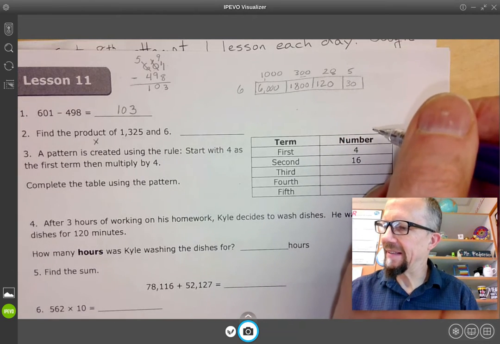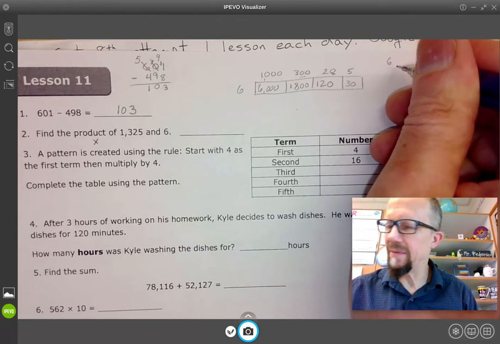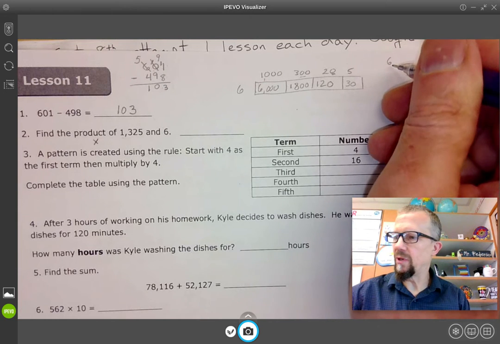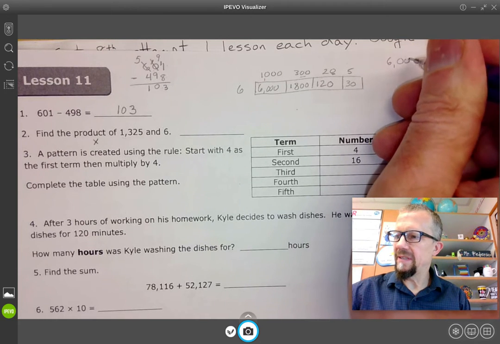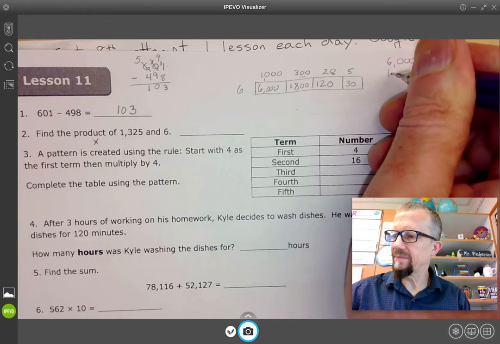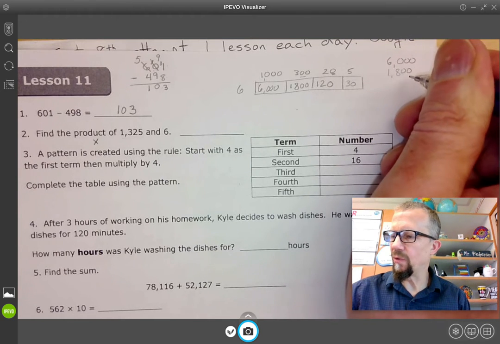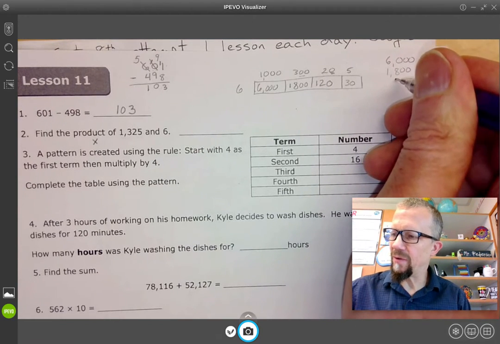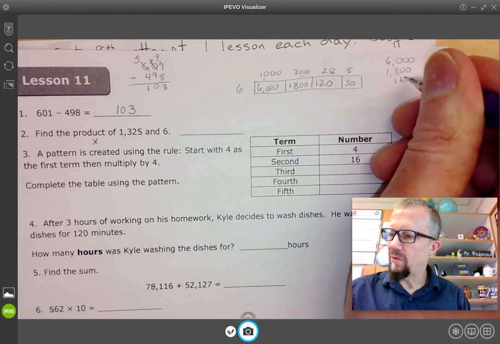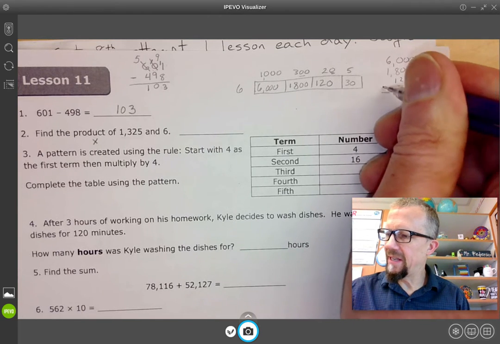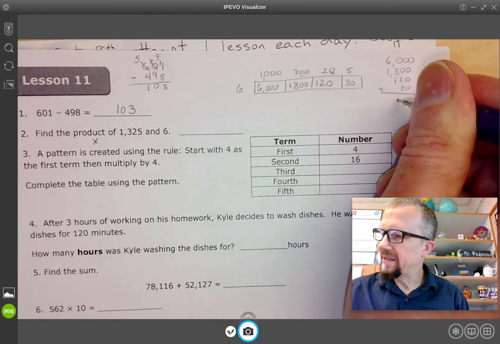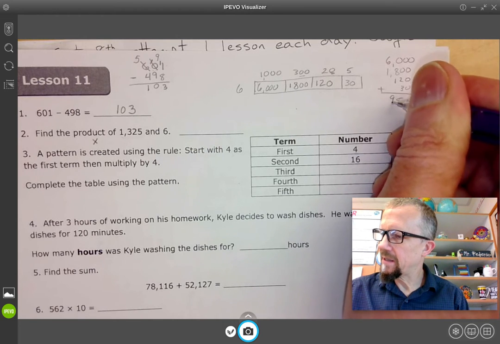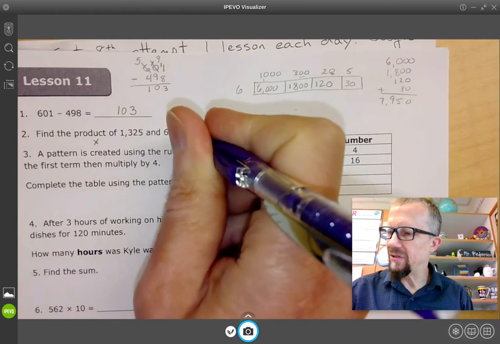And now we've got to add these all up, and I think I will stack them up to make that easier to see. So 6,000, 1,800, or 1,800. Those both mean the same thing. 120 and 30. Let's see, I've got 7,950.